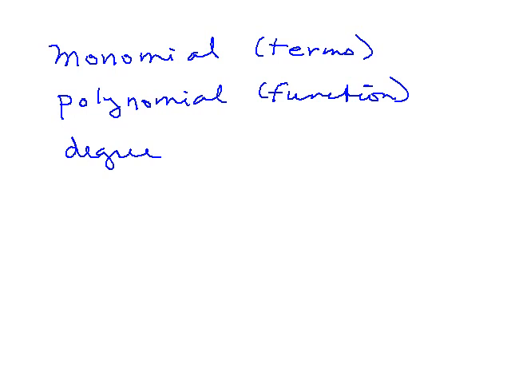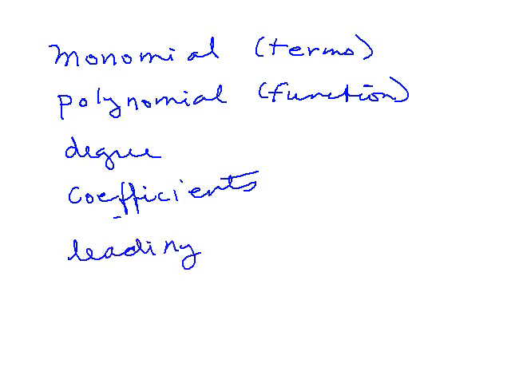The exponent of the highest exponent of the variable in the polynomial is the degree. All the numbers are called coefficients. The term associated with the highest exponent is called the leading term. And the coefficient in that term is called the leading coefficient.